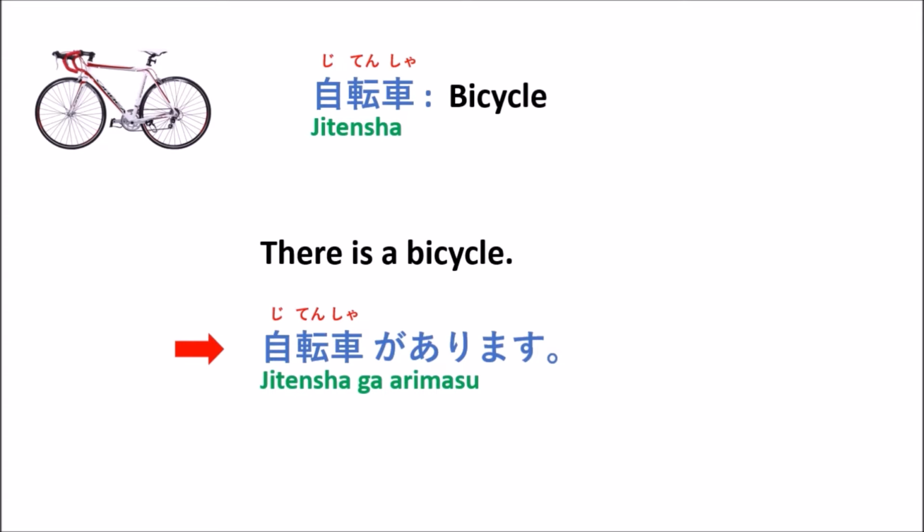Why do we use あります? Because a bicycle is an inanimate thing. So when you use the verb there is or there are with an inanimate thing, you should use あります when you create a sentence in Japanese. 自転車があります means there is a bicycle.